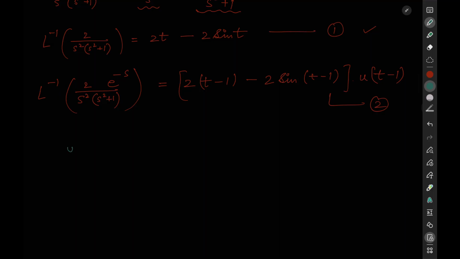So our y will be equal to 2t minus 2 sine t minus, 2 times t minus 1 minus 2 sine of t minus 1, multiplied by u of t minus 1.